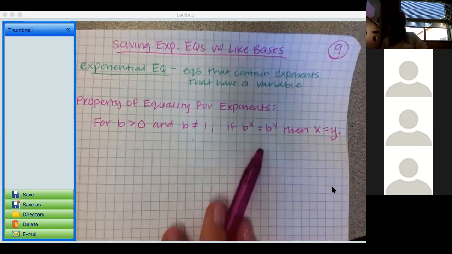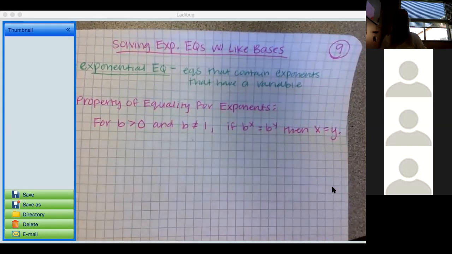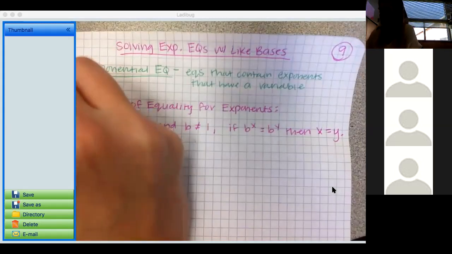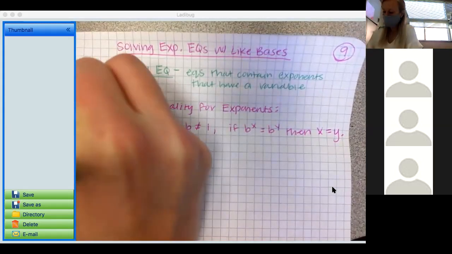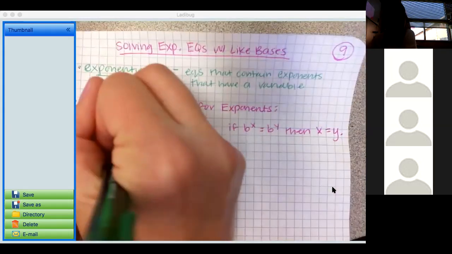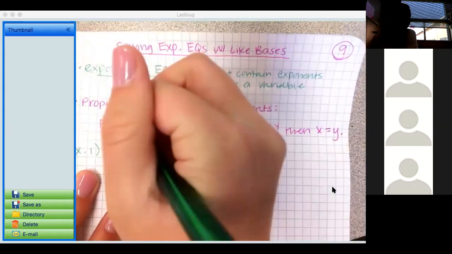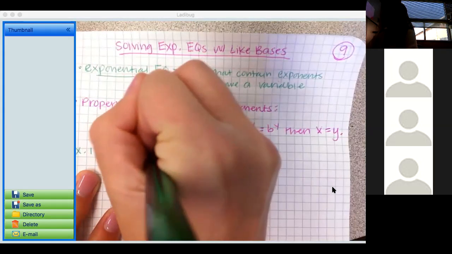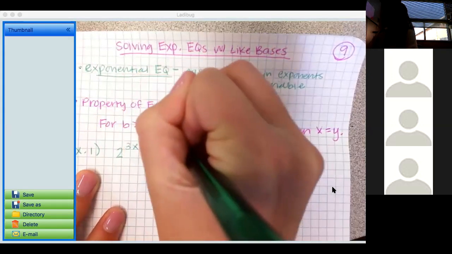Or are y'all okay with this? We're okay. All right, so let's do an example. That was your notes for today. Now we just got examples. Cool. All right, 2 to the 3x minus 3 equals 2 to the 9th.